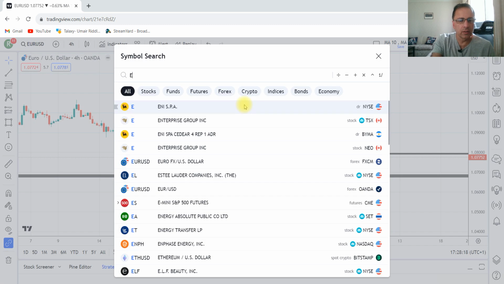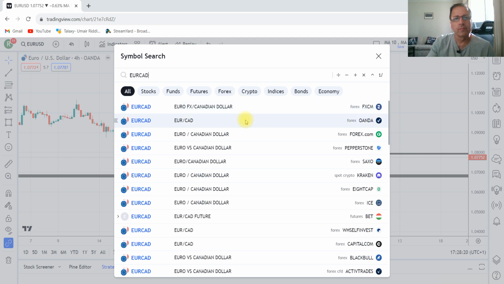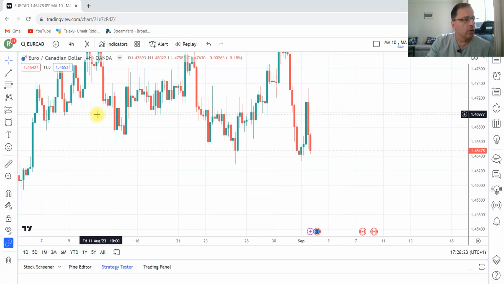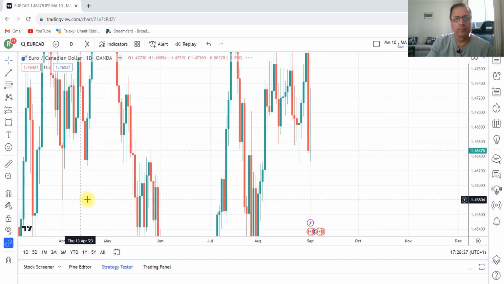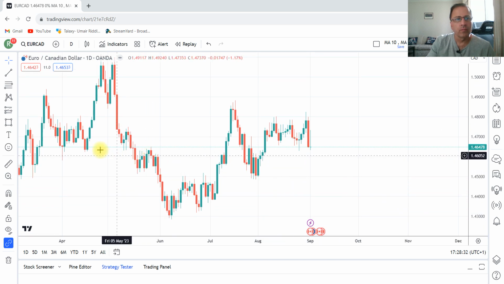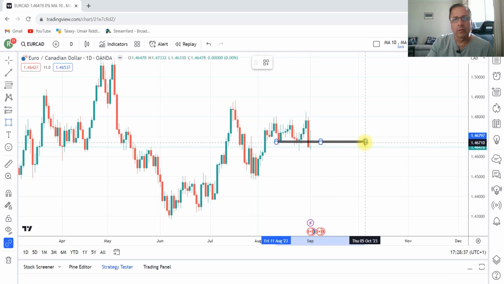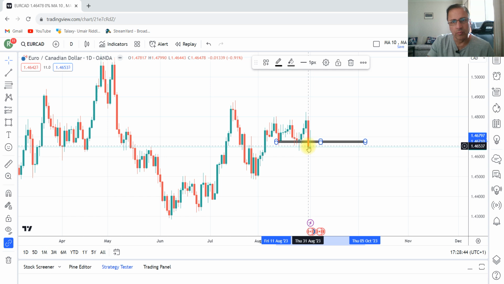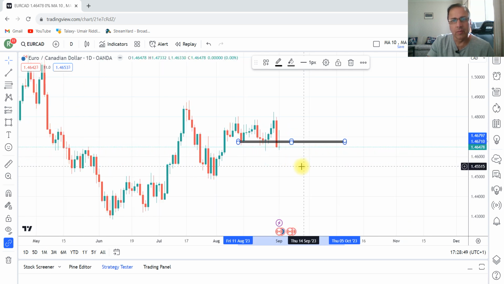Next pair is EuroCAD. Again, last week Thursday's daily candle broke this support level, closed below the support level, and then the next is only a wick basically.